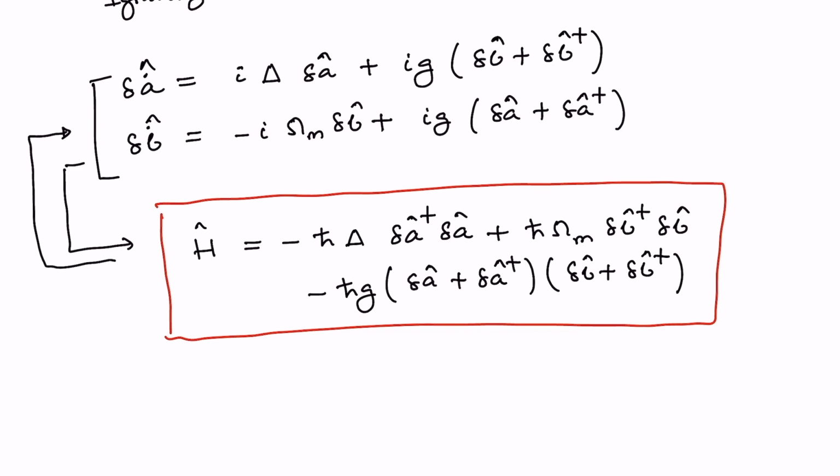Please try to do that. If you apply the Heisenberg equation of motion for the optical mode and the phonon mode, you will be able to retrieve this set of coupled differential equations.